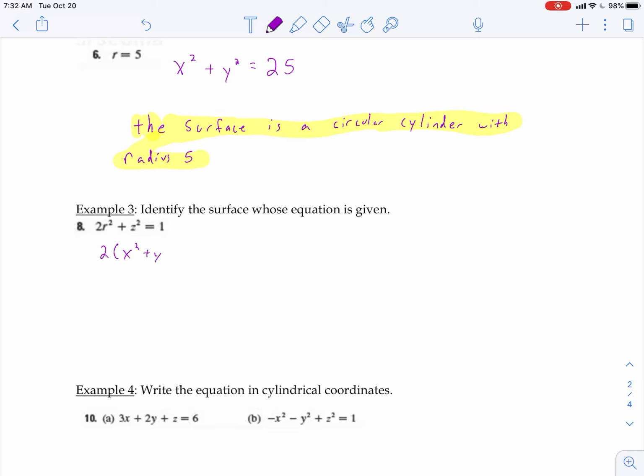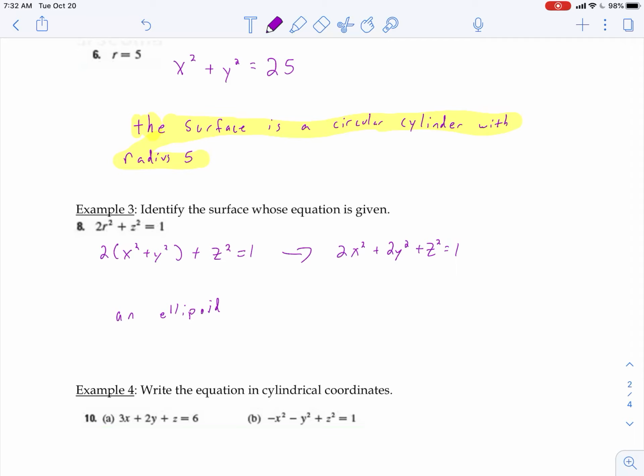I'm going to change that to rectangular coordinates. So we know what r squared is. R squared is x squared plus y squared. So we have 2 times x squared plus y squared, plus z squared equals 1. Well, that just turns into 2x squared plus 2y squared plus z squared equals 1. And from this, I'm hoping that you're seeing, oh, okay, this is the equation of an ellipsoid.